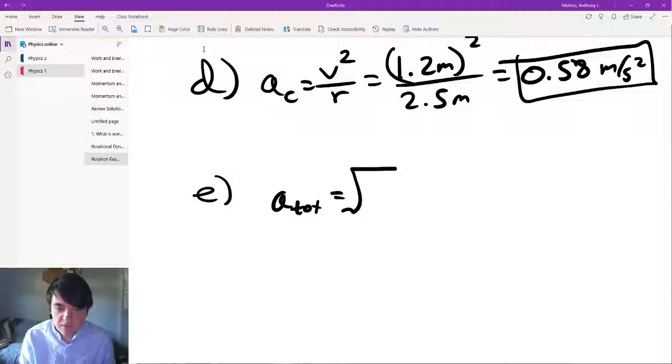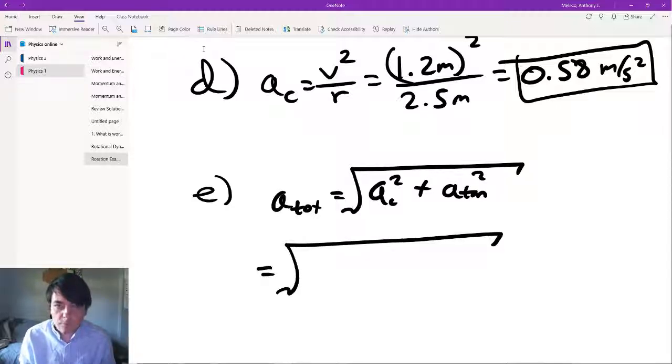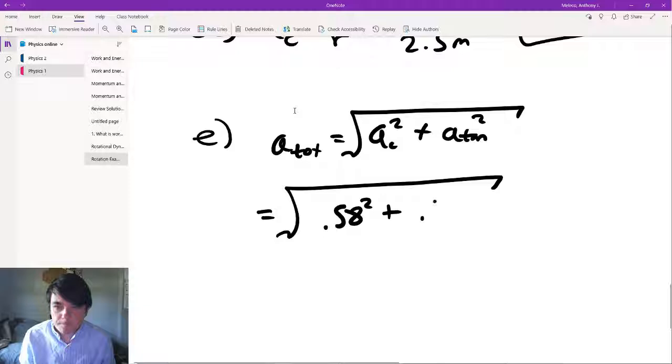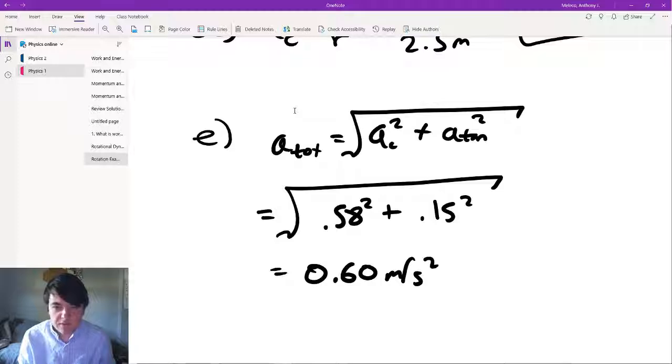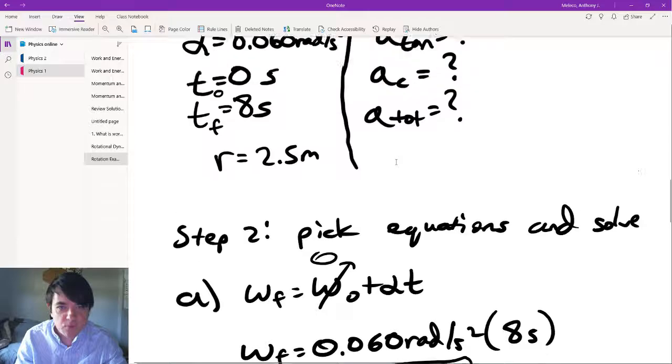It's going to be the square root of a_c squared plus a_tan squared, right? So we're going to go through 0.58 squared plus our 0.15 squared right there. And so we get 0.60 meters per second squared. Okay. And so that's kind of how this problem works.